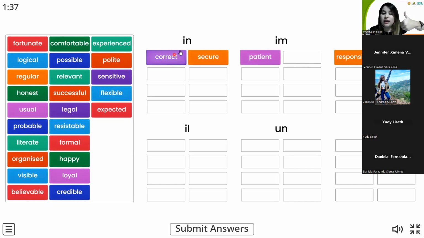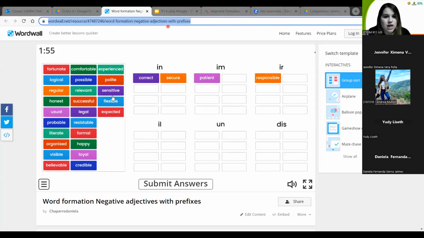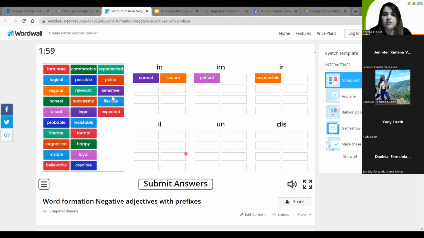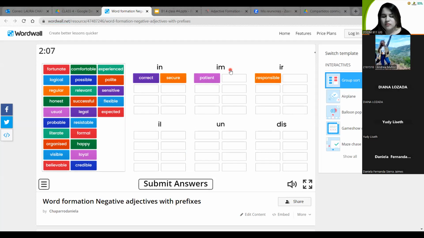So we have correct, and with this prefix in, we are forming incorrect, which is the opposite, secure, insecure. So we are forming still adjectives, but they mean the opposite. So we're going to begin with that activity as a warming up. I will send you the link on the chat. Then I'm going to give you a couple of minutes to work on it. Is it clear, my people? Yes, teacher. Okay, very good. So please start working on it. Thank you.